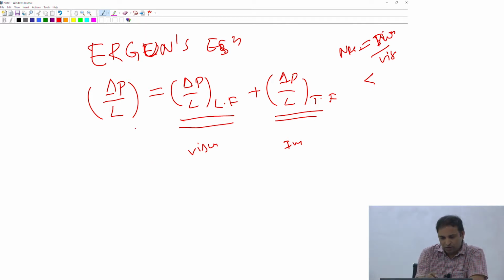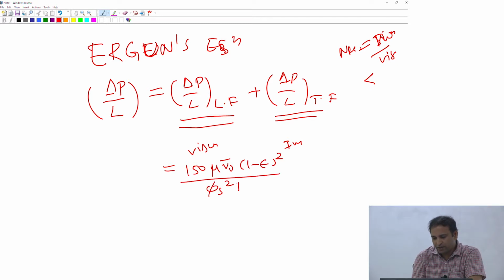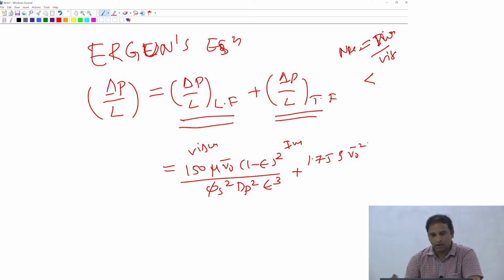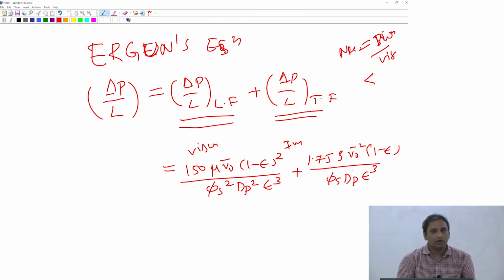So Ergun's equation goes something like this: 150 mu V naught bar times (1 minus epsilon) whole square divided by phi s square dp square epsilon cube, plus 1.75 rho V naught bar square times (1 minus epsilon) divided by phi s dp epsilon cube. That's the Ergun equation, which captures the pressure drop per unit length for the entire flow regime, from laminar all the way to turbulent.